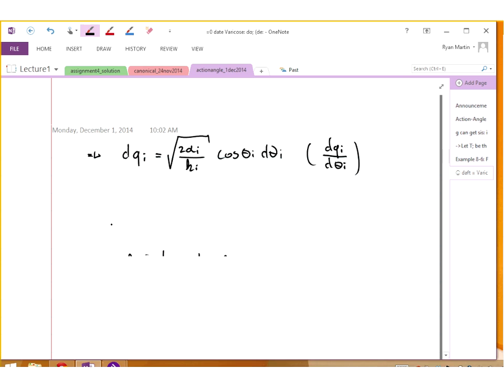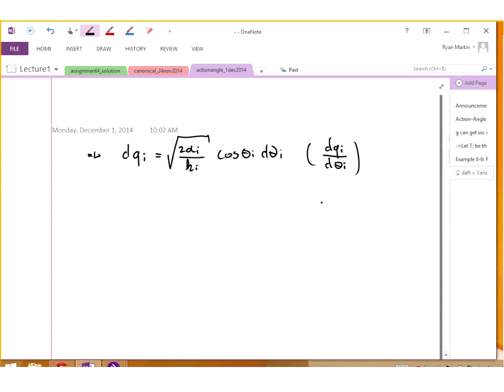So if I plug that in, remember we have that p_i is that square root. So I can rewrite p_i as the square root of 2m times (α_i minus a half k_i q_i squared).